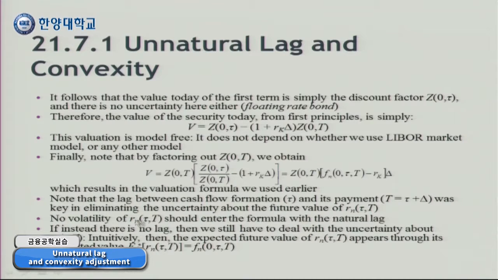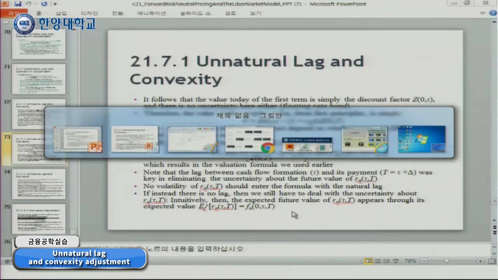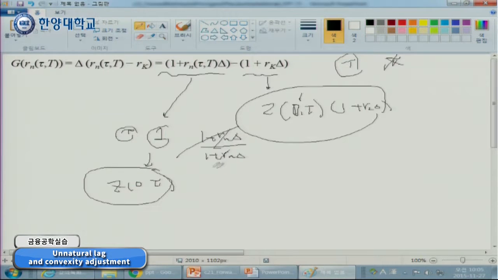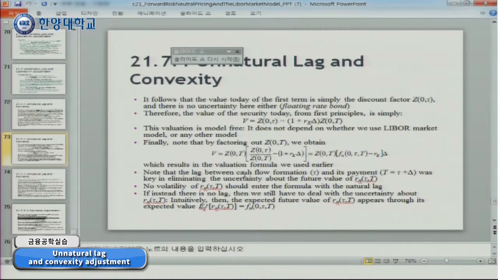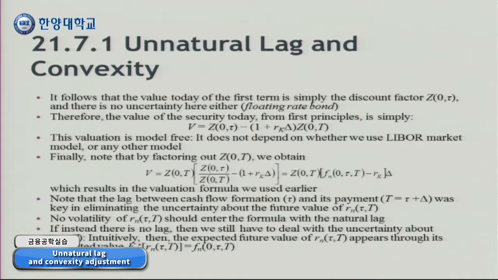No volatility should enter the formula with this natural lag because the future risk of the rate is completely removed. So if we receive the cash flow at big T, volatility is irrelevant because this rate is cancelled out. It's 1 plus 1. So there is no volatility in the model.